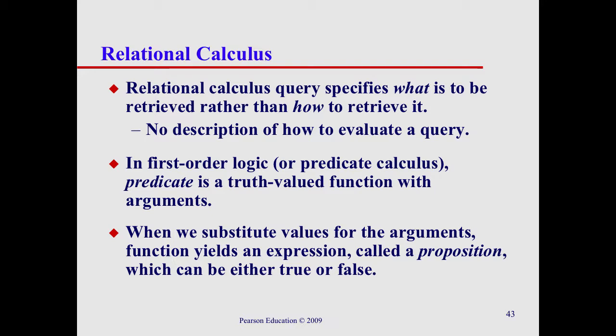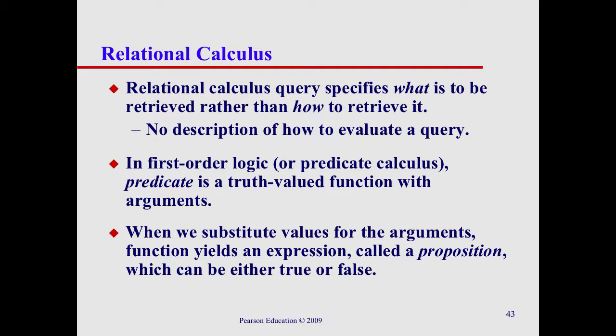So what they're really saying with the relational calculus is when you specify a predicate, that's really just the where clause. Okay? So you're specifying a predicate, and what you're going to do is substitute values in for the variables in that predicate. So for example, you say where salary is greater than 10,000.